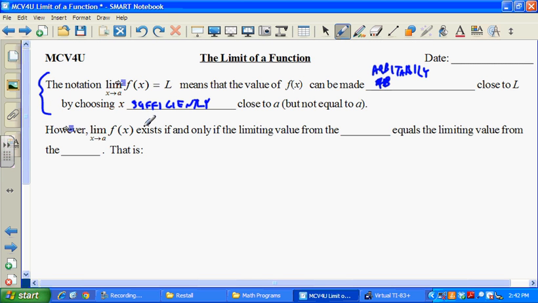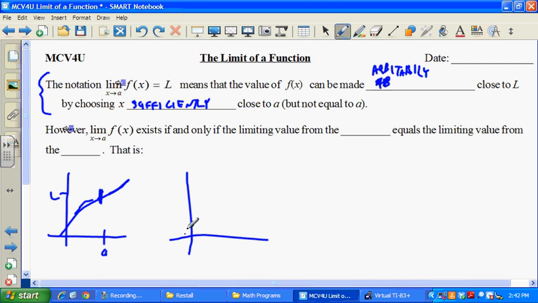But if we continue, one of the ideas we'll use a lot is that if I'm getting close to a from the left and getting close to a from the right, I'm sneaking up on the same value, rather than something like this.